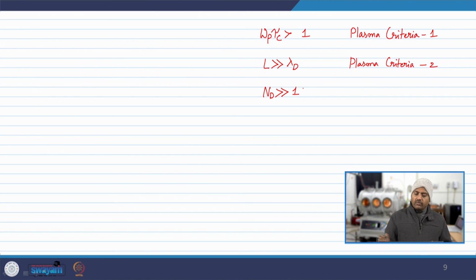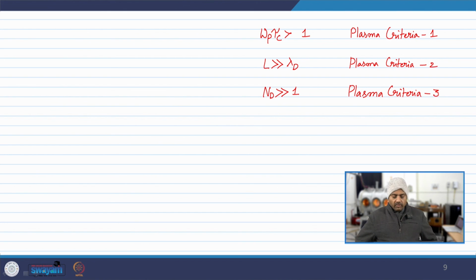But for reasonable plasma behavior, you would expect that the number of particles is very large in comparison to 1. This is plasma criteria 3. If this is not valid, plasma shielding will not be effective.